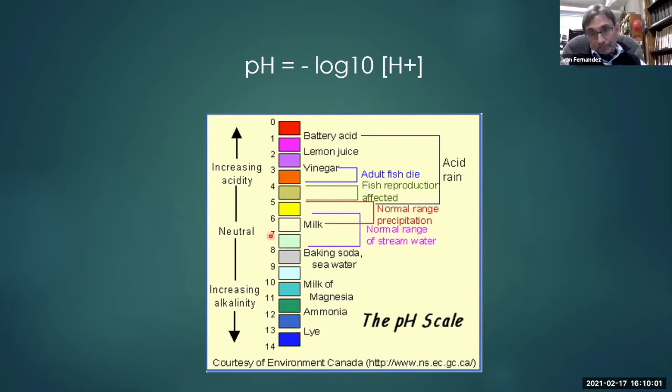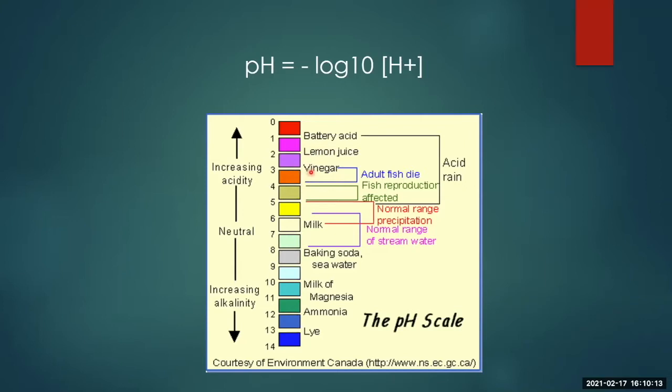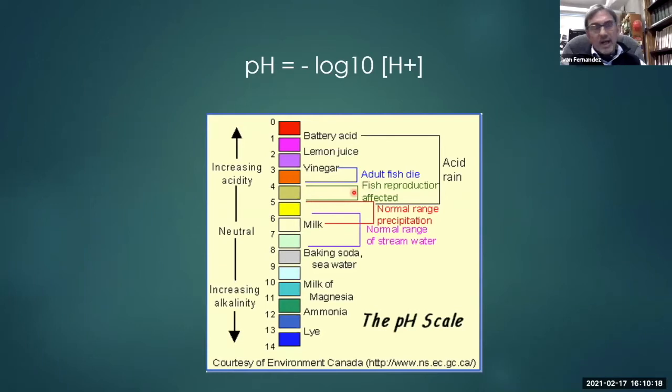7 is neutral. This is an old acid rain slide, but we had some examples on it. I almost guarantee my coffee this morning was down here someplace with lemon juice and vinegar. In this zone, fish start to die, and certain stream macroinvertebrates are affected.